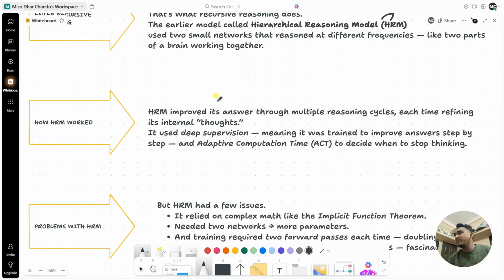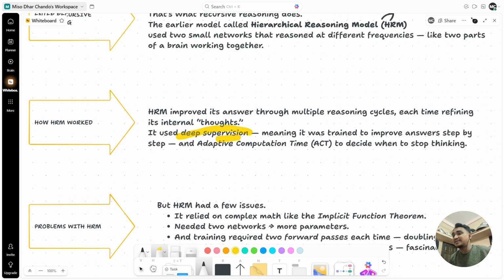Now, how did the HRM basically work? HRM improved its answer through multiple reasoning cycles, each time refining its internal thought. See, the internal thought is refined recursively. It used deep supervision, which is the main important part, meaning it was trained to improve the answer step by step.